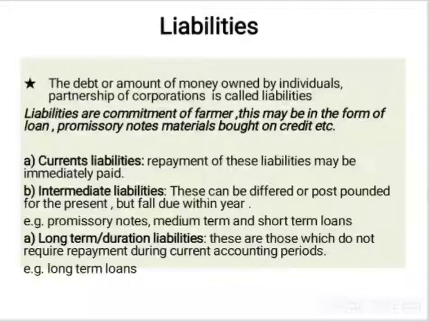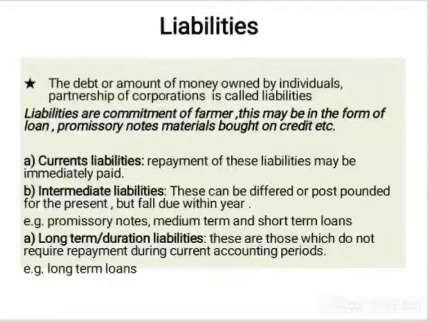That will be a long-term loan, because it will be a 10 or 20 year liability for the farmer. Anything more than 5 or 10 years comes under long-term liability.